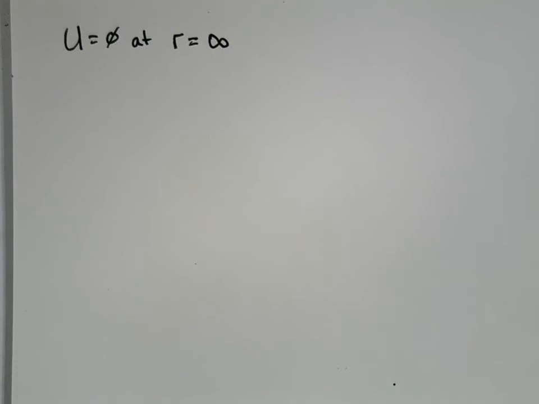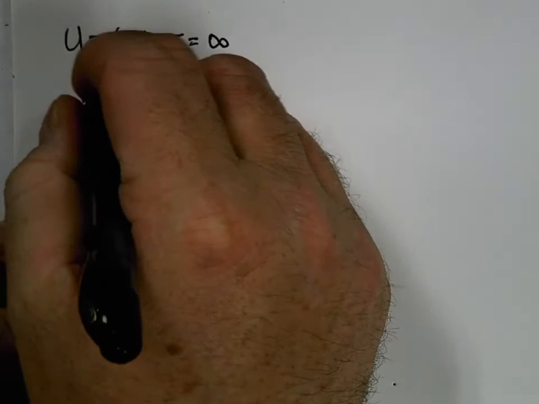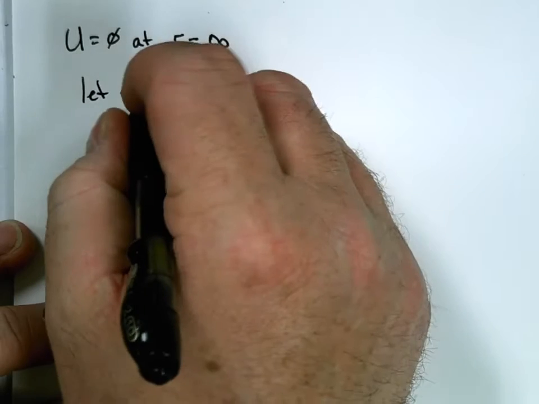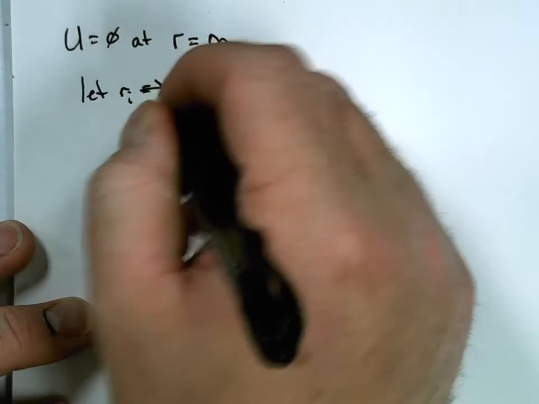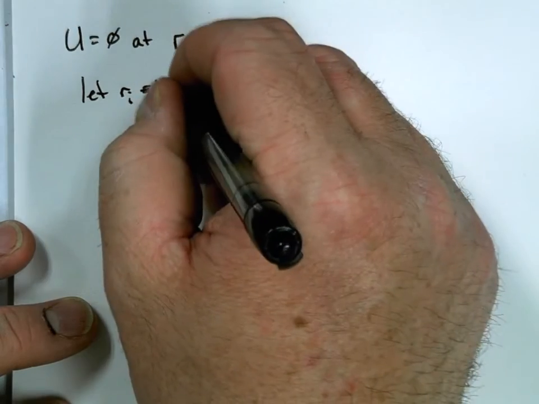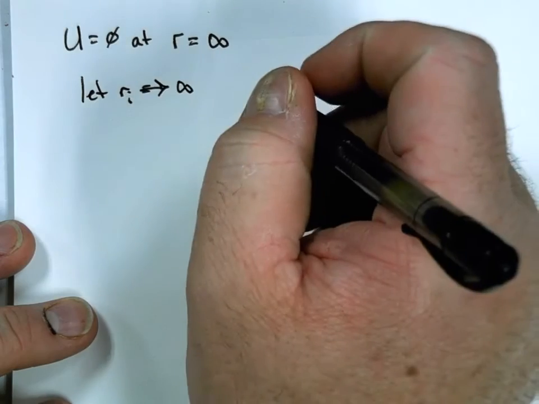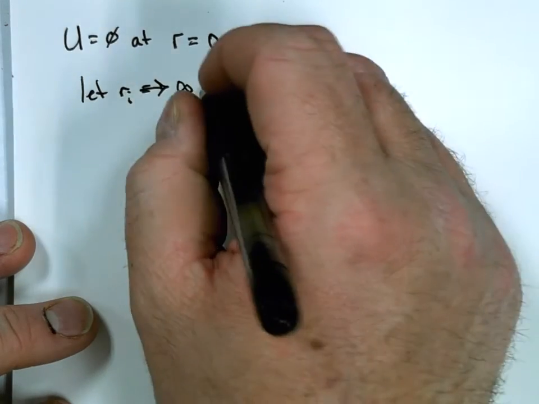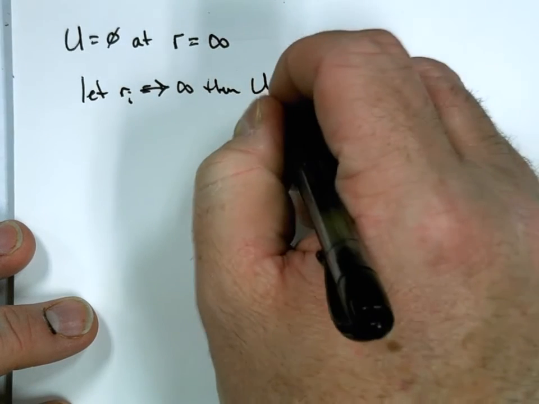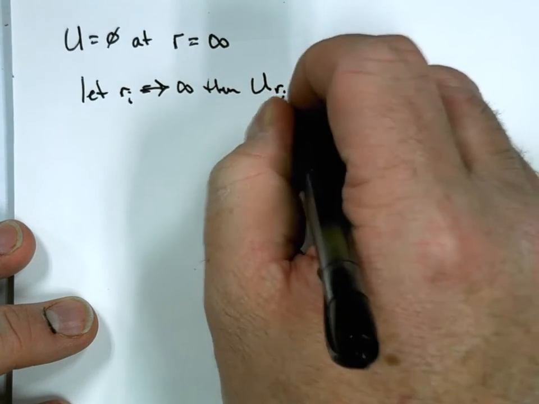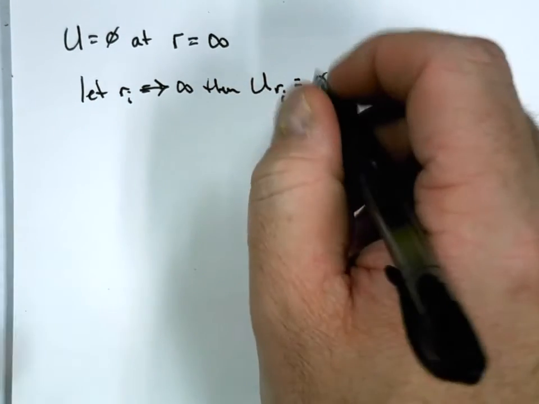If we let R initial approach infinity, then the potential energy at Ri does equal 0.